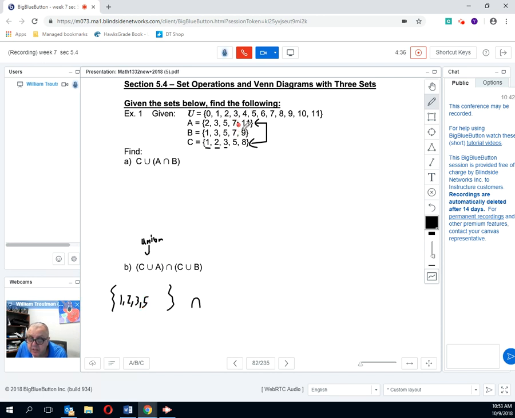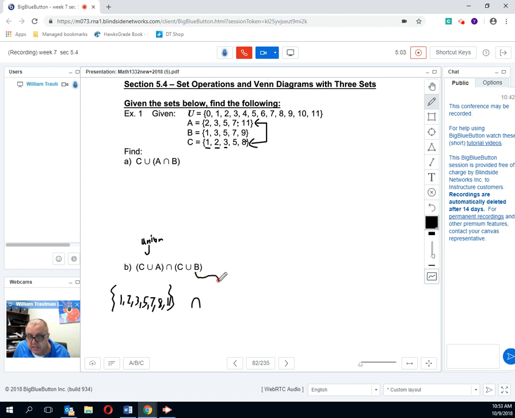We have a 7, an 8, and 11. I take all the numbers from C, 1, 2, 3, 5, 8, and all the numbers from A, 2, 3, 5, 7, and 11. They're all in here. If you have a number in both, you only write it down once. So that's C union A.